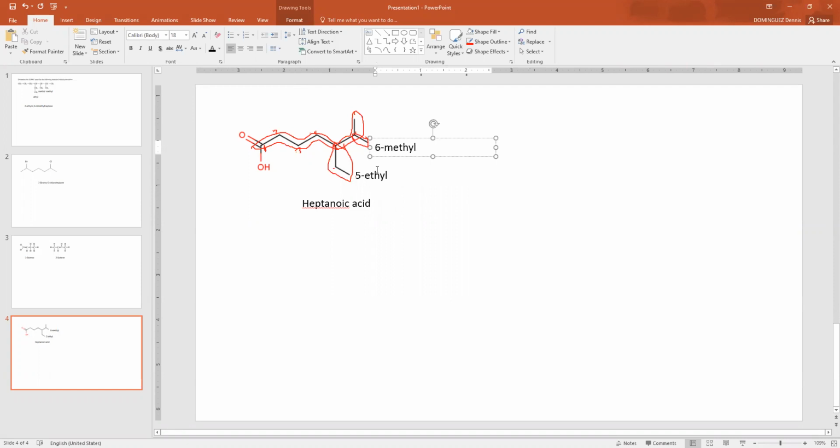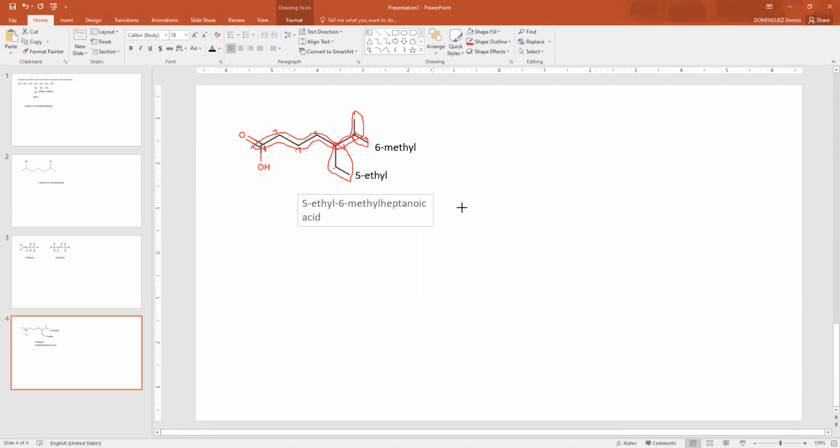Again, the attachments are connected alphabetically. So this will come first, and then we'll connect the 6-methyl. And then connect that to heptanoic acid. So this will be the final name of this compound, 5-ethyl 6-methyl heptanoic acid.